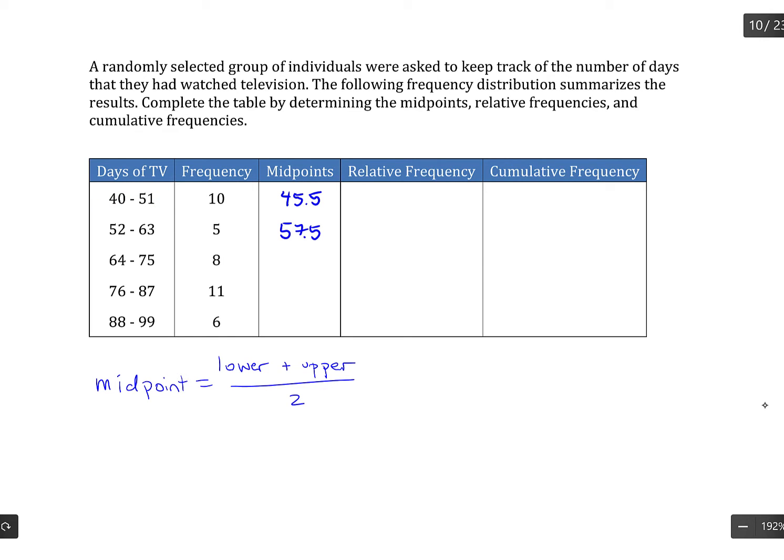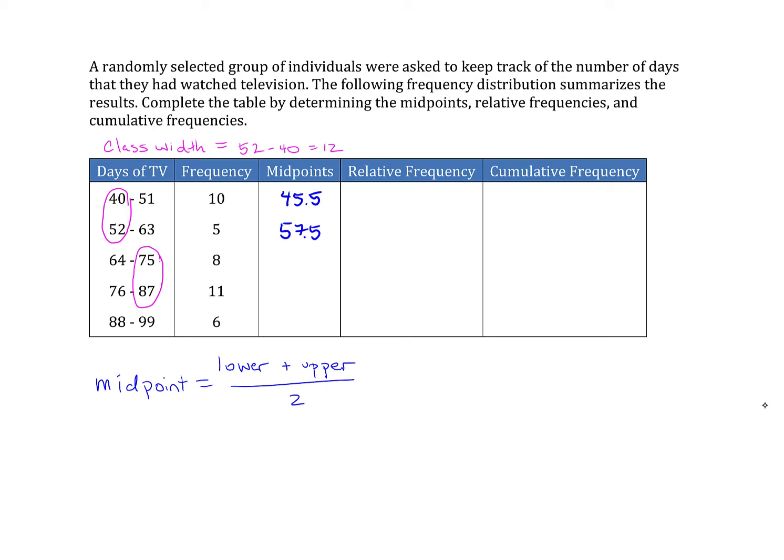One thing I want you to notice here is that for any frequency distribution, you can get its class width if you take any 2 consecutive lower class limits or upper class limits and subtract them. For instance, the class width of this distribution, if I take 52 minus 40, gives me 12.